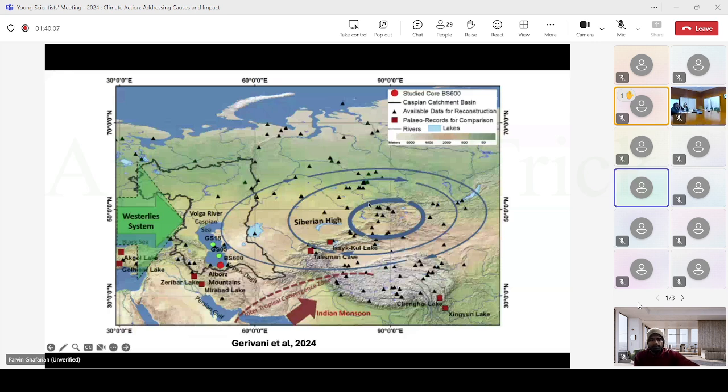Iran's climate, especially in winter, is influenced by western cyclones from the Black Sea cyclones. Additionally, the northeast and north of Iran are affected by the Siberian high, especially in the winter, and the southeast of Iran is influenced by the Indian monsoon.